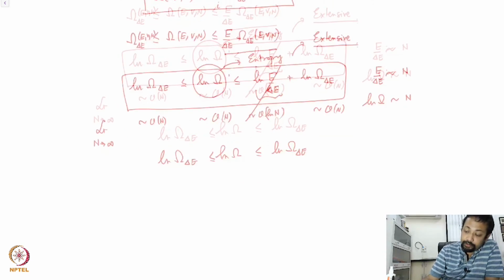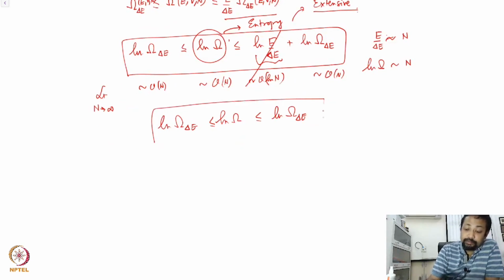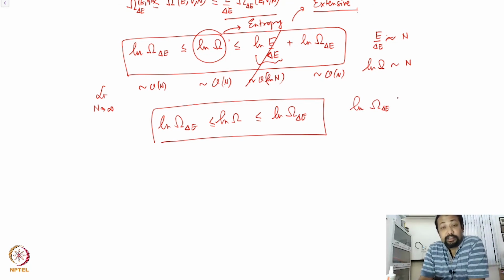So in the thermodynamic limit, in place of ln omega delta E that we have been using for the entropy, we can use ln omega E V N, the total volume contained within the phase space, right?